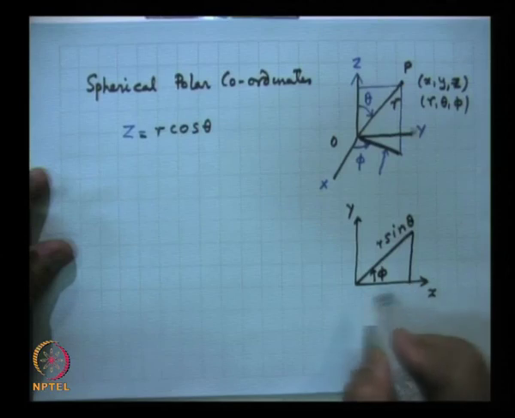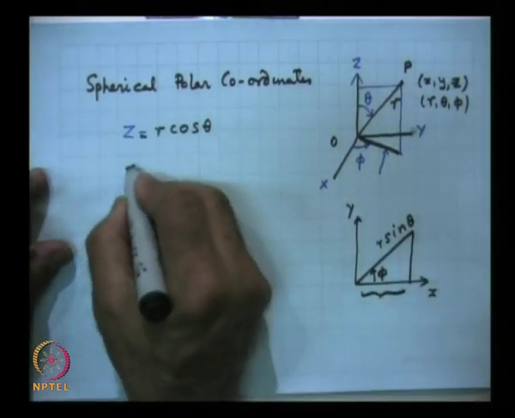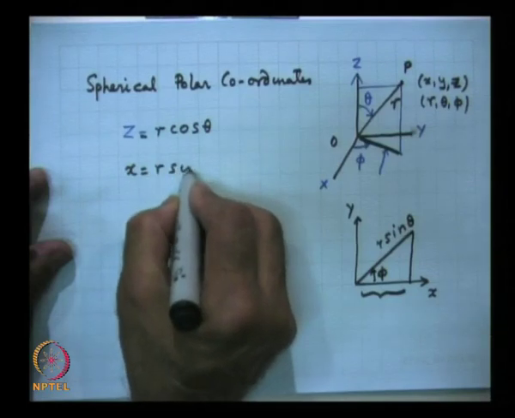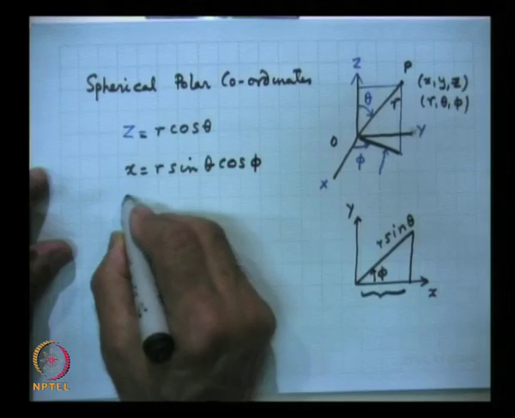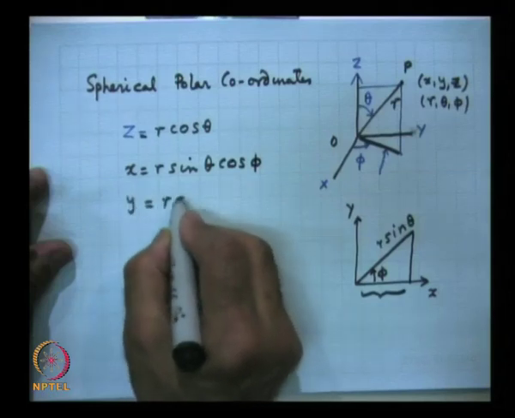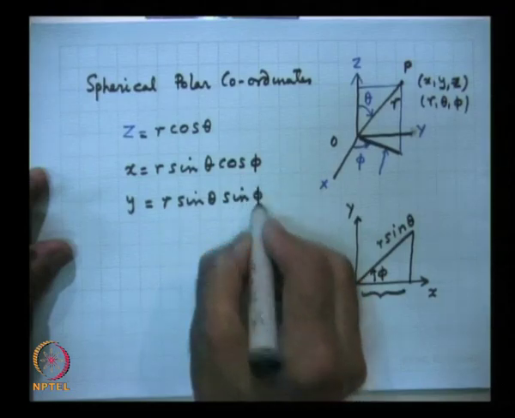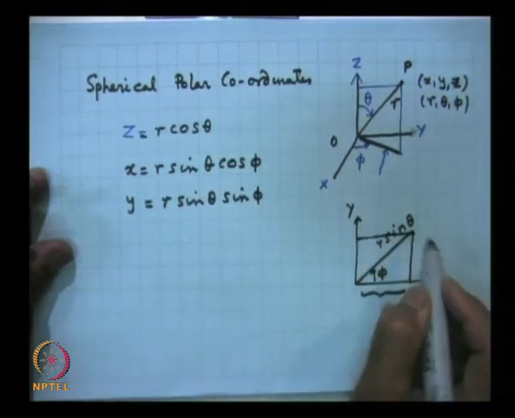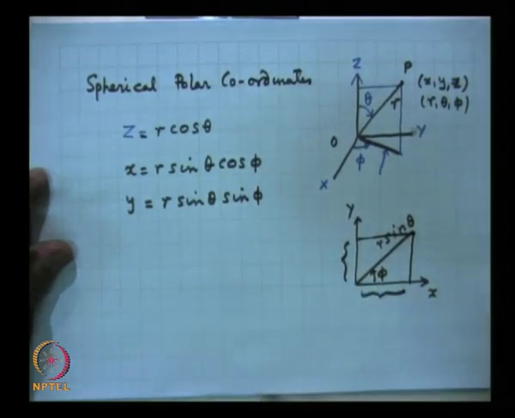Therefore, x is equal to r sin theta cos phi, and y is equal to r sin theta sin phi, because if you drop a perpendicular from here, this distance is r sin theta sin phi.